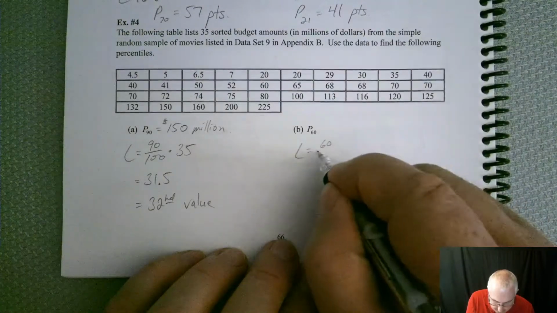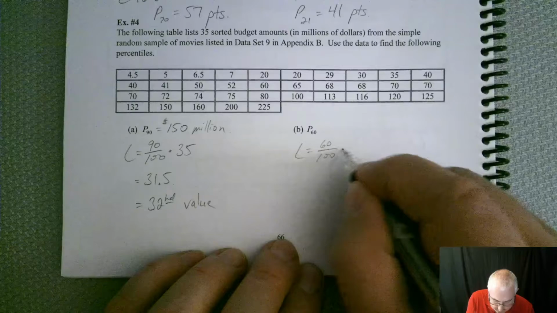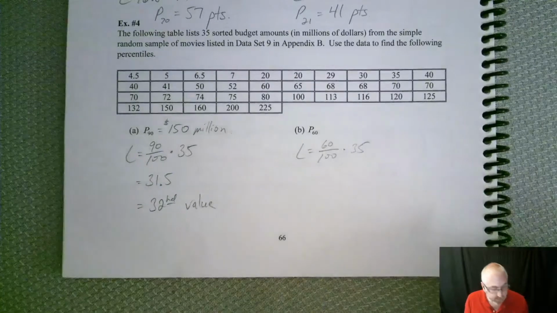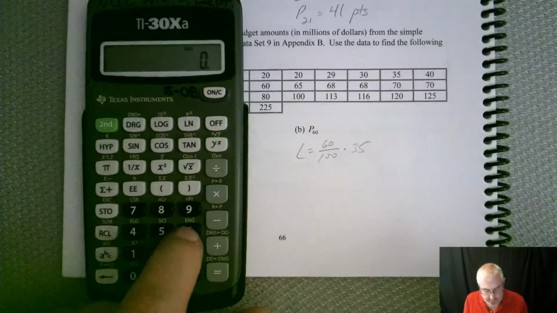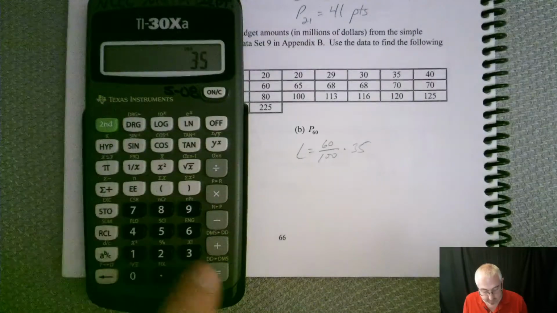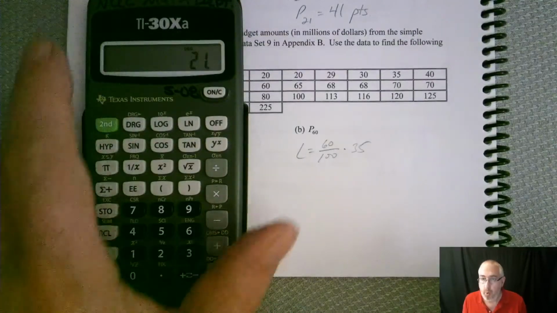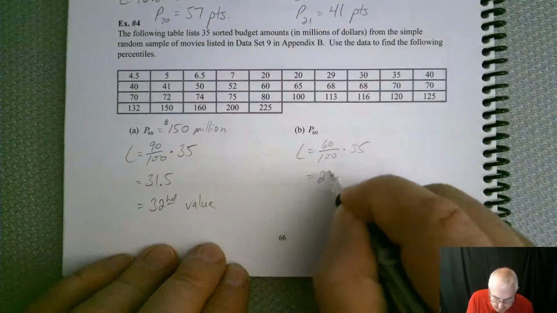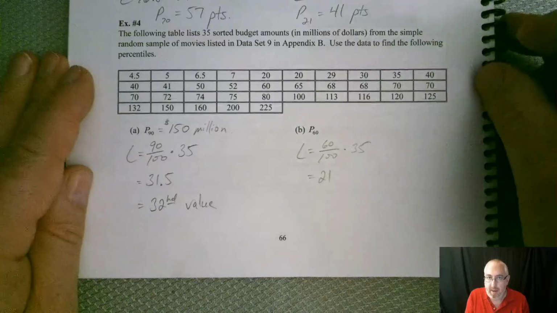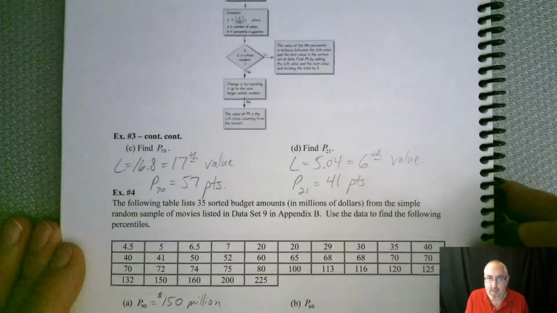So we had 60 over 100 times 35. So again, just to make sure, 0.6 times 35 equals 21. Exactly. So let's scroll back up here and see what their flowchart tells us.